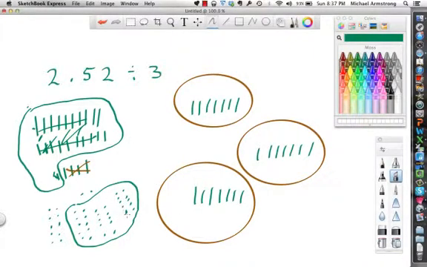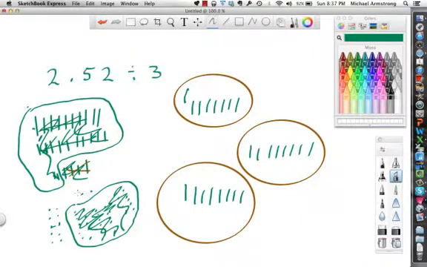Ooh, I could have left those as tenths. So I could put one more tenth in each. Now those are gone, and we're left with 12 hundredths. And 12 divided by 3 is 4. So I'm going to put 1, 2, 3, 4 hundredths in each.